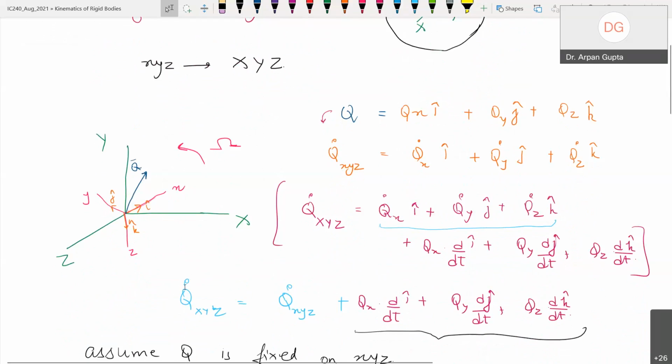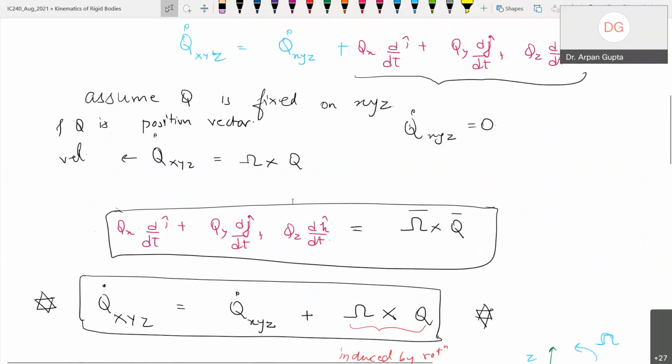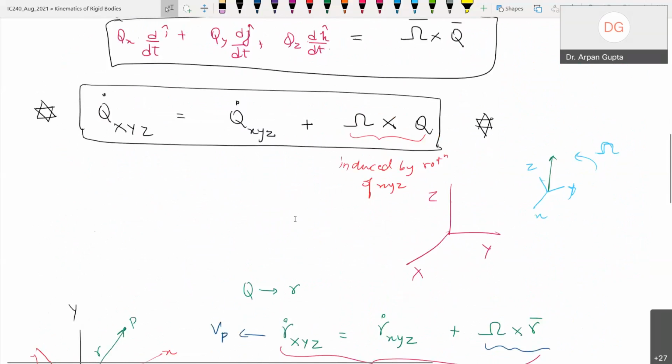Capital XYZ was a fixed frame, and then we had the small xyz frame, from which we observed the motion. After the derivation, this is the final expression that we obtained.